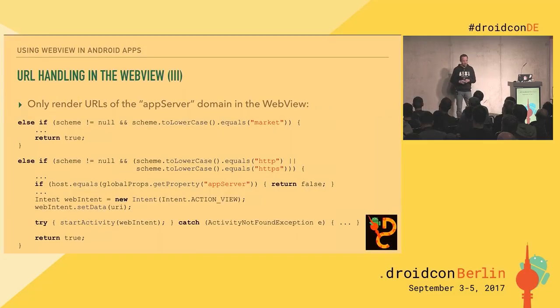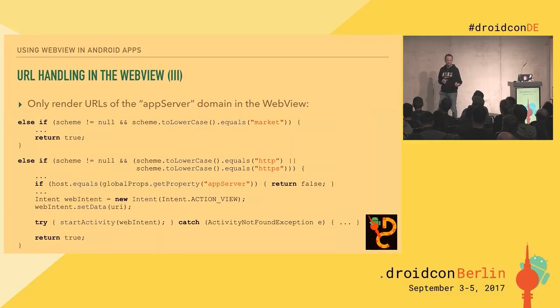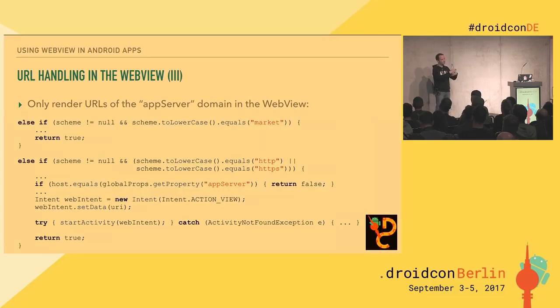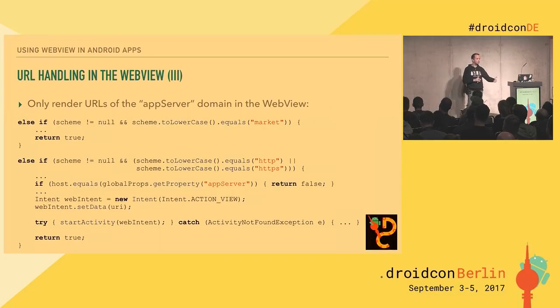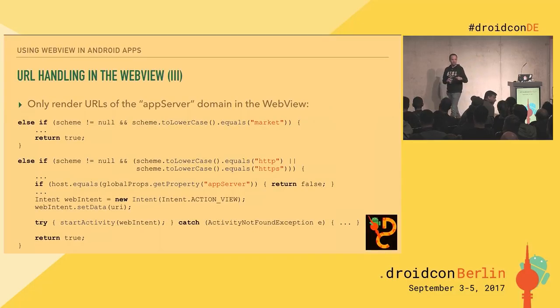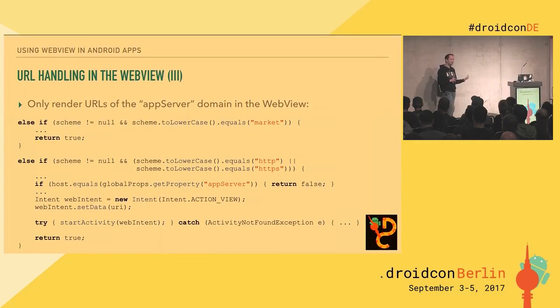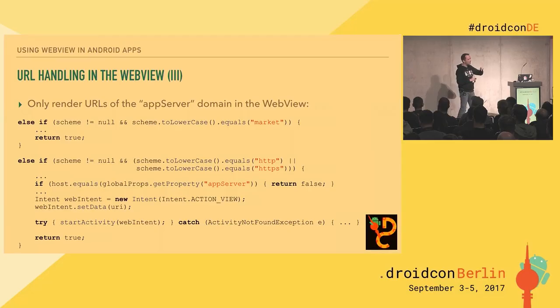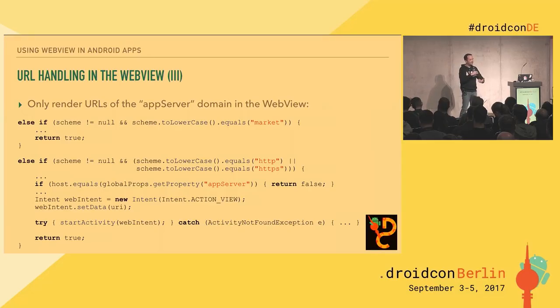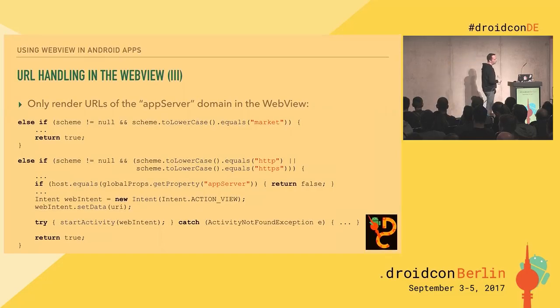That's actually from a live application where a client wanted to take existing web content into an app. But what you don't want to have happen is, if there is a random link to Facebook, let's say, or Twitter, that people open Facebook or Twitter in your app. That would be kind of a weird experience. So you want to have a check where it says, only stay in the web view if it's actually a page from us, whatever that criteria is, and then return false.